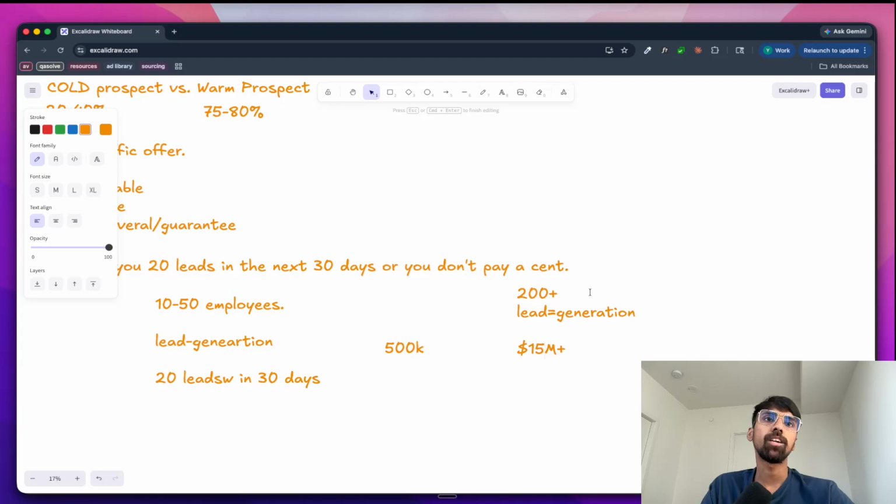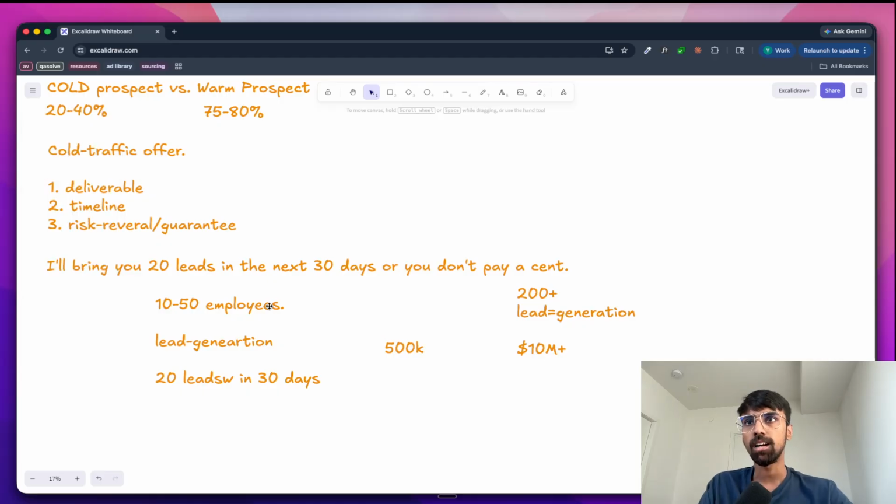But if you're reaching out to these big companies, there's a chance that they only want to work with companies bigger than them. If so, then 20 leads in 30 days is not going to work, because their target market is smaller than the number of companies that you can reach out to every single month.